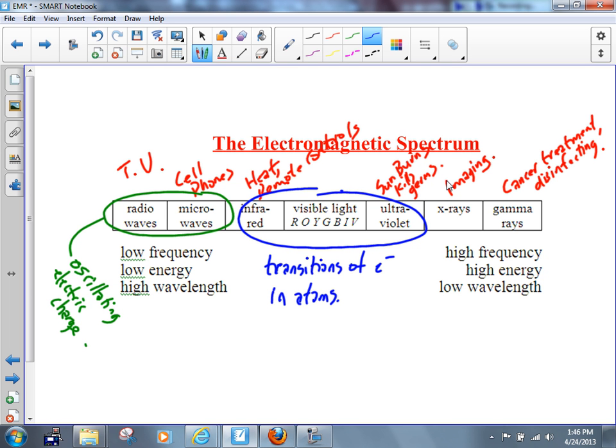A transition from the third level to the first level in hydrogen may produce one type of EMR, and a transition from the sixth level to the fourth level in lithium may produce a different frequency of EMR. But in general, these three types are all produced by electrons making transitions from higher levels to lower levels in the atom.